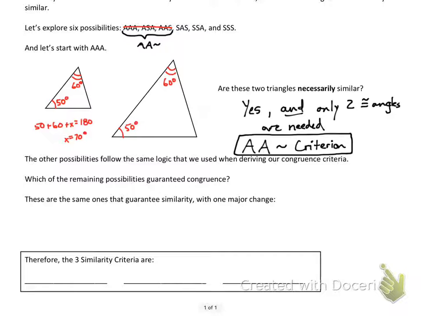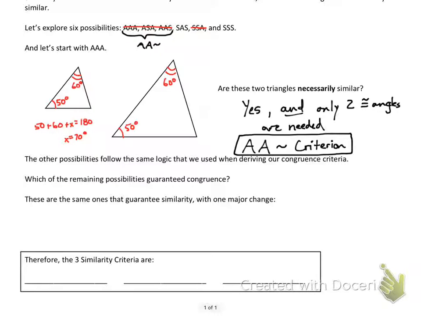So of the remaining 3 that we haven't checked yet, which criteria did we not use before? Which one did we decide cannot be used for congruence? Side, side, angle. Side, angle, side was fine.